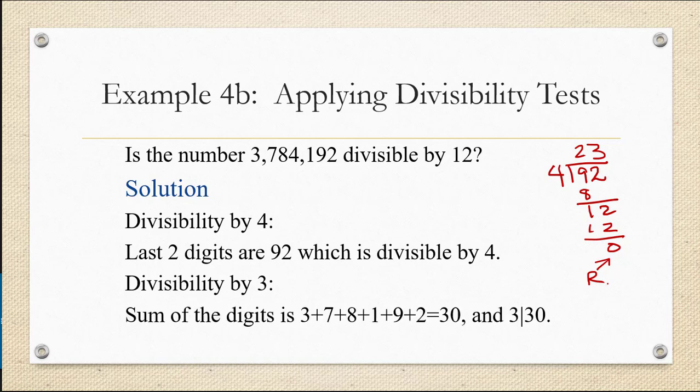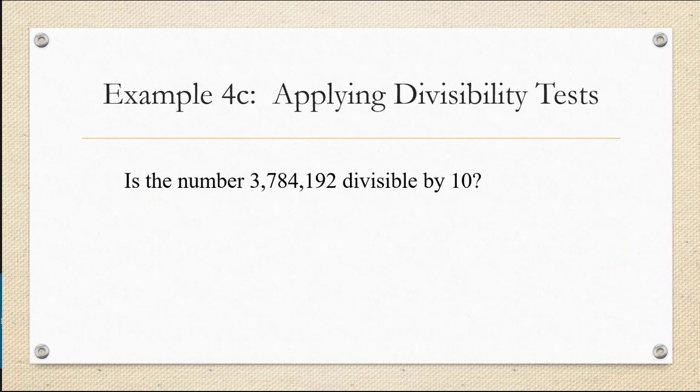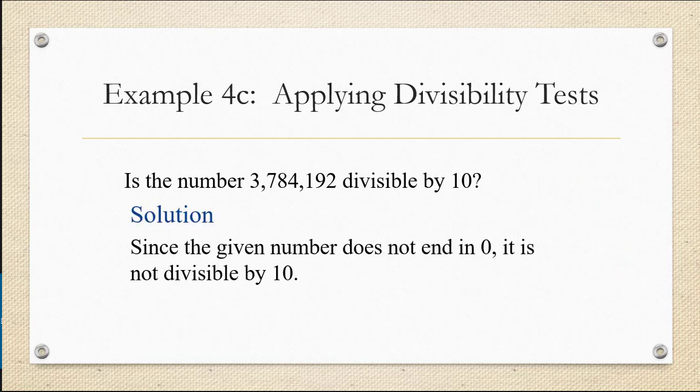The sum of the digits is 30, and 3 divides 30. So yes, not only is it divisible by 3, but it's also divisible by both 4 and 3, so it's divisible by 12. Finally, let's test if this number is divisible by 10. The answer is no. Since the given number doesn't end in a 0, it is not divisible by 10.